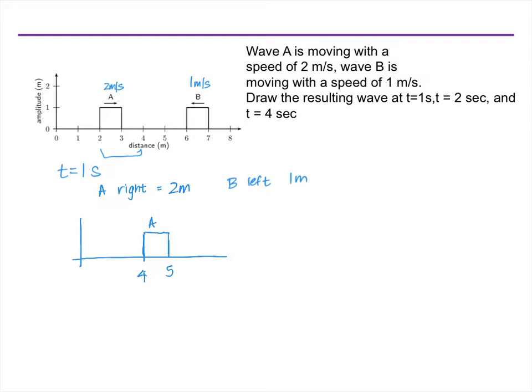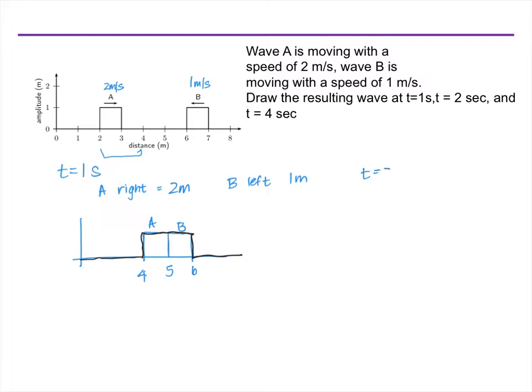And then B just moves to the left 1 meter. And so this is what B looks like. And so the outline of the wave that we would actually see, which would be the sum of the two, would be this black line. Okay? I'm going to do one more, and then I want you to try to do the last possibility.